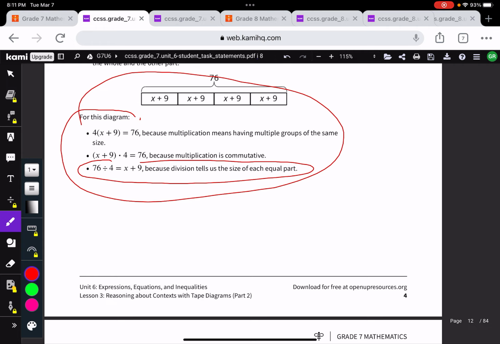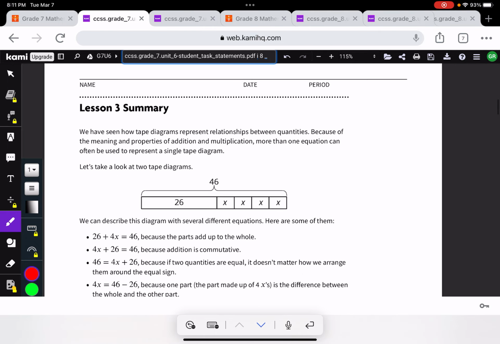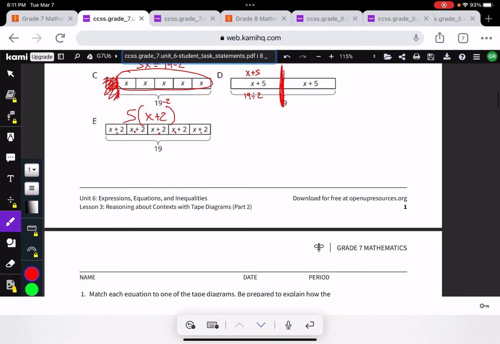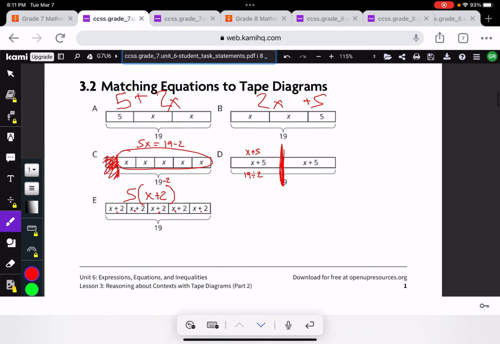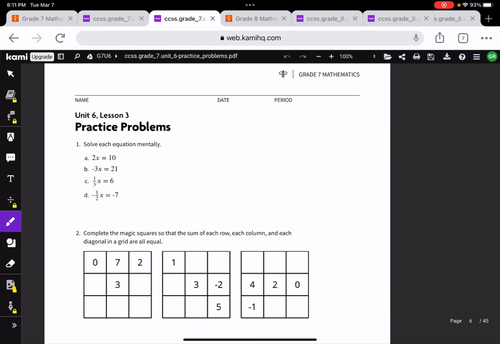One way we could say is we're going to take the 76, split it 4 ways, like they're doing, and what that's going to equal is one of those x plus 9s. And then we're into the one-step equations that we're used to solving. So that was lesson 3. And now we're going to look at some lesson 3 practice problems.